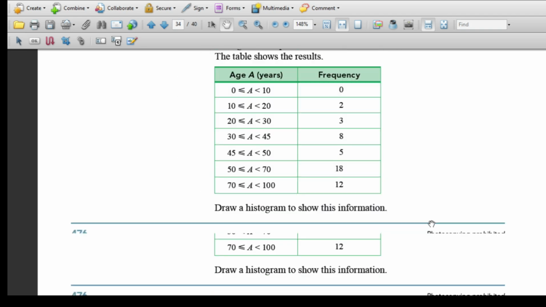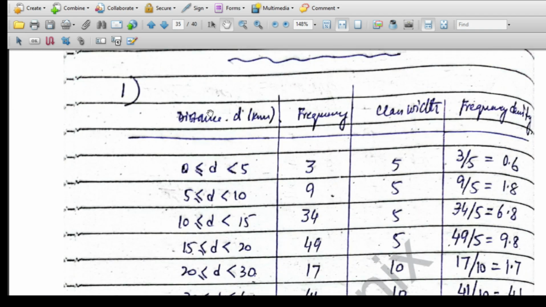This is part 1. We are given the distance and frequency, and we have to find the class width. 0 to 5 is 5, and we have to find the frequency density.